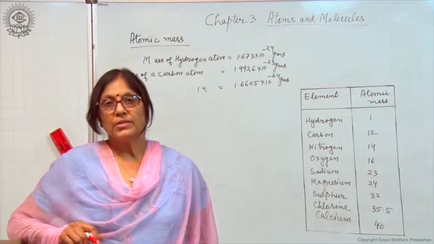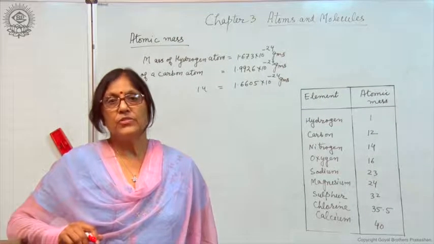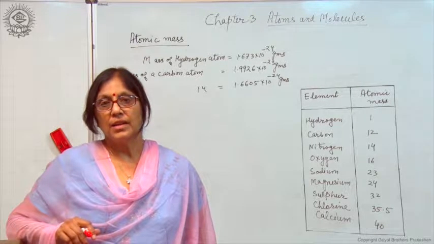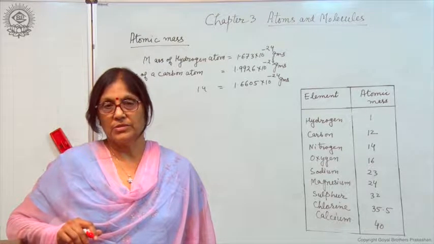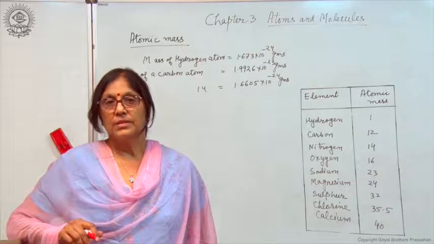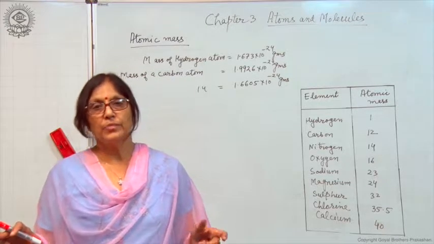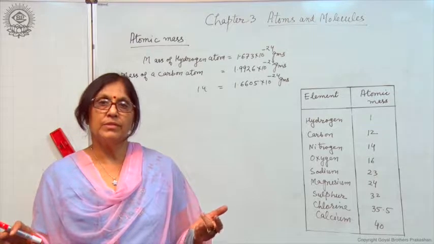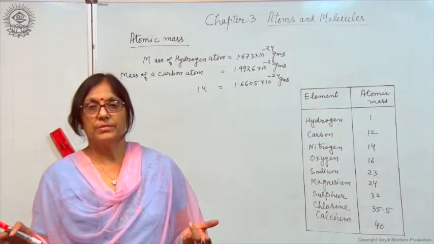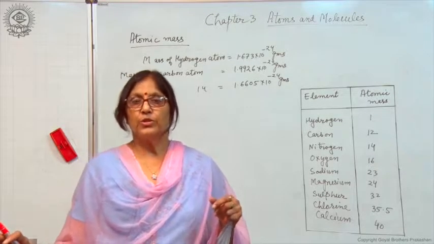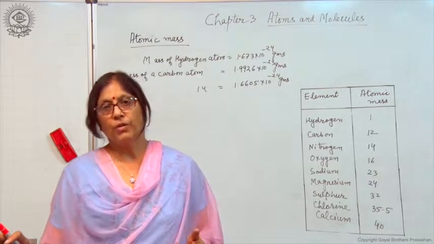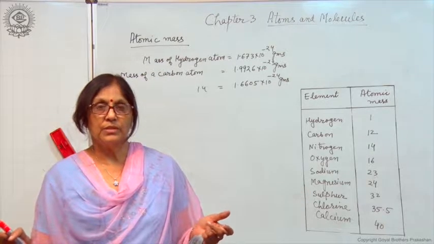According to Dalton's atomic theory, each element had a characteristic atomic mass, that the atoms of the same element have the same mass and atoms of different elements have different mass. Now, Dalton's atomic theory could prove the law of constant proportion.